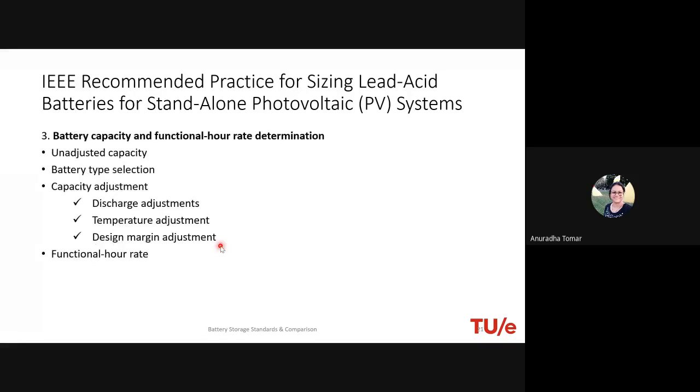And then there are some parameters related to the battery itself, which basically include your state of charge, the temperature adjustment, and some design margin that you want to keep there. Then the battery type, what kind of battery you want to use for that particular application.